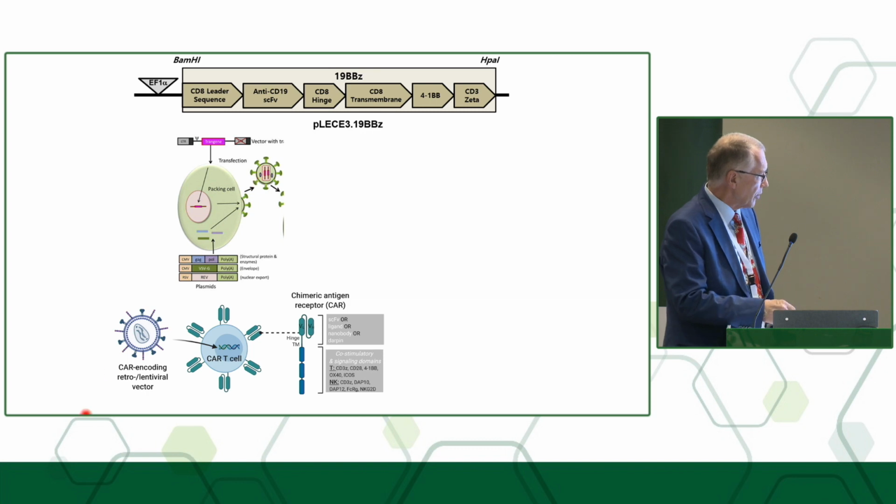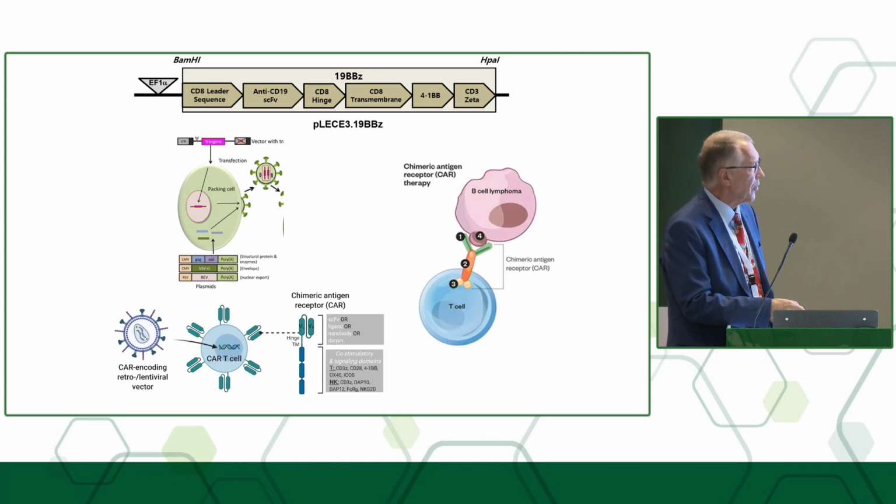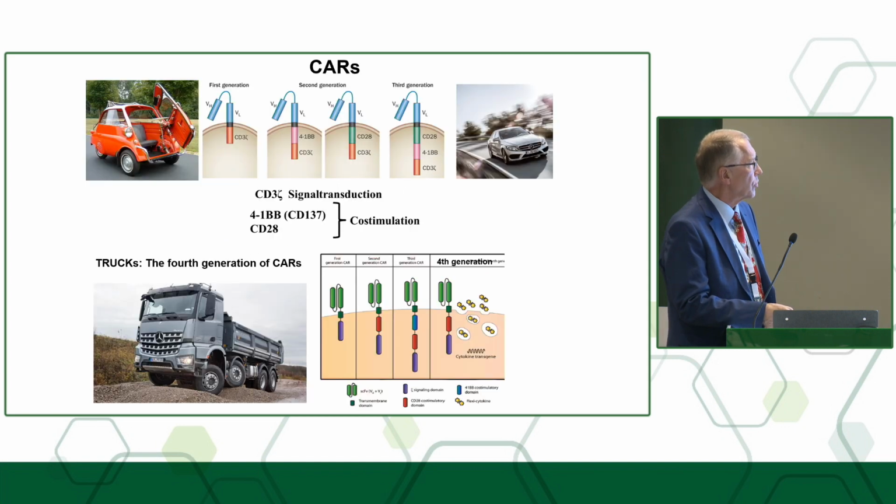With this virus, you can transduce the T cells, and then the genetic information of the virus is integrated into the DNA of the CAR T cells, and the CAR T cells express this on their surface, and then they have this artificial receptor on their surface, looking almost like an antibody molecule. This is the T cell with this artificial receptor, and this is the target, in this case CD19 or any other target which you want to have.